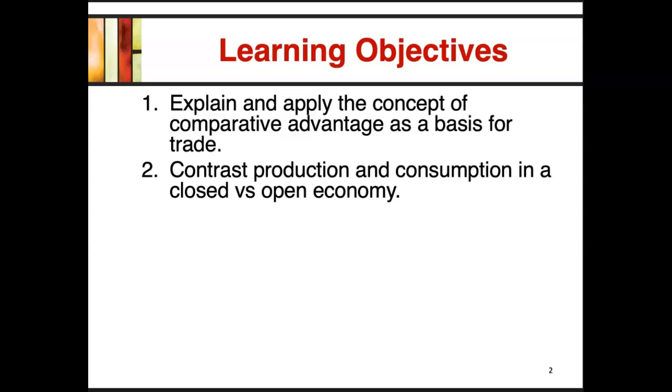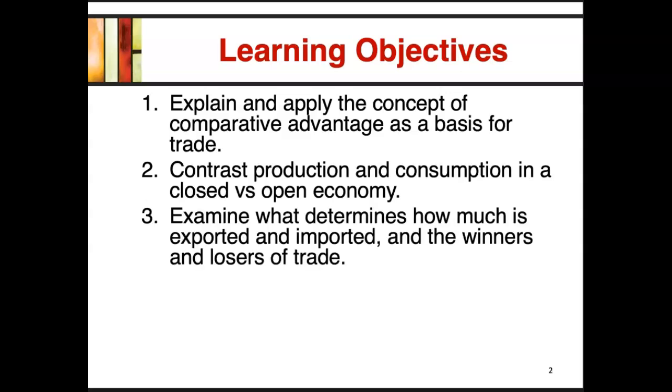With economics, we're always interested in the optimal amount of goods that can be produced. Likewise, with trade theory, we're also interested in the optimal amount of goods that have to be traded, right? So we're looking at the optimal amount of goods that have to be imported or exported, and generally who wins or loses from trade.